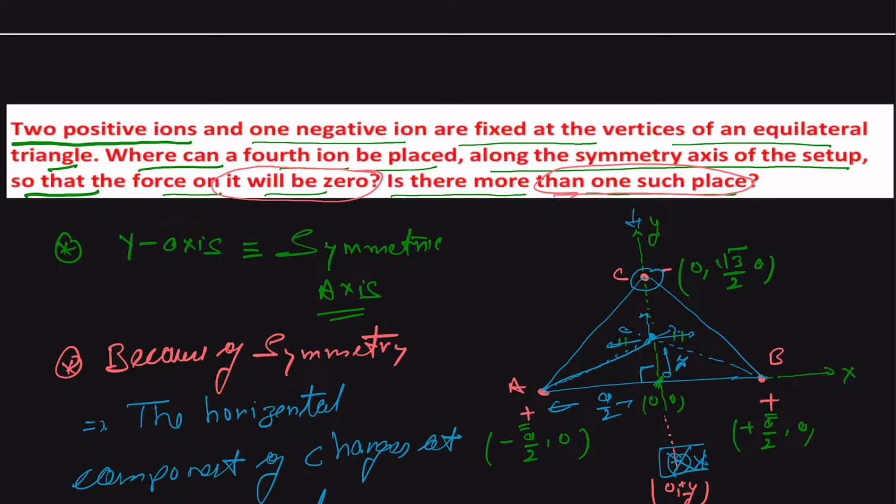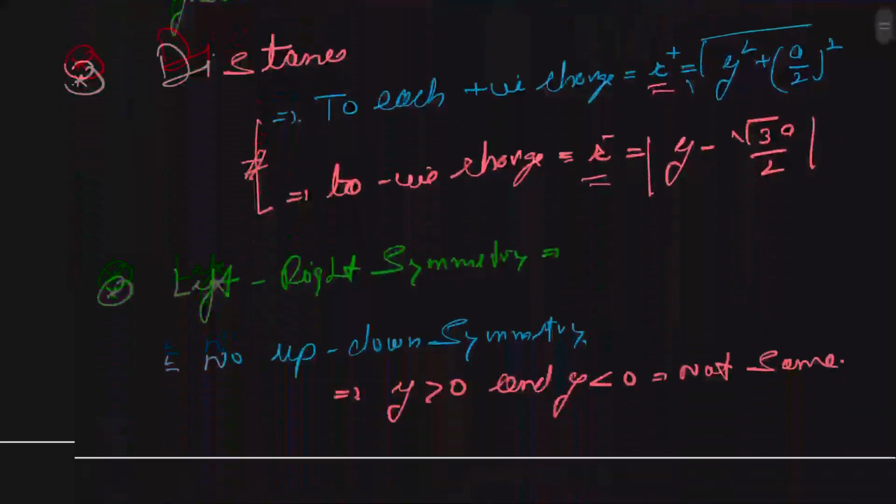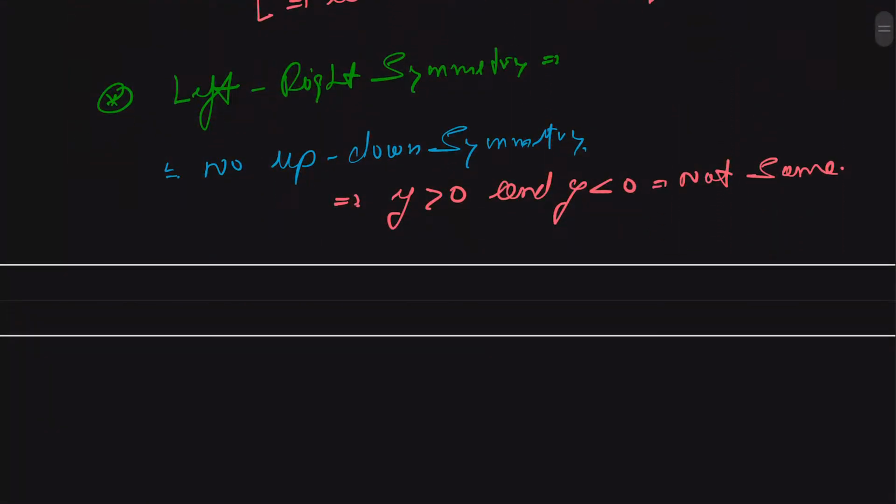These are the two parts of it. In the first part, we clearly understood that because there is no up-down symmetry, y greater than 0 and y less than 0 are not the same. This is the basic conclusion we can draw from here.